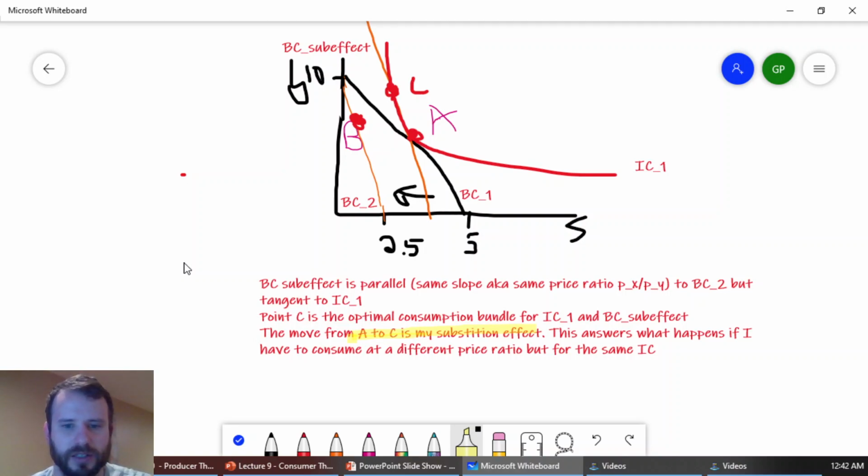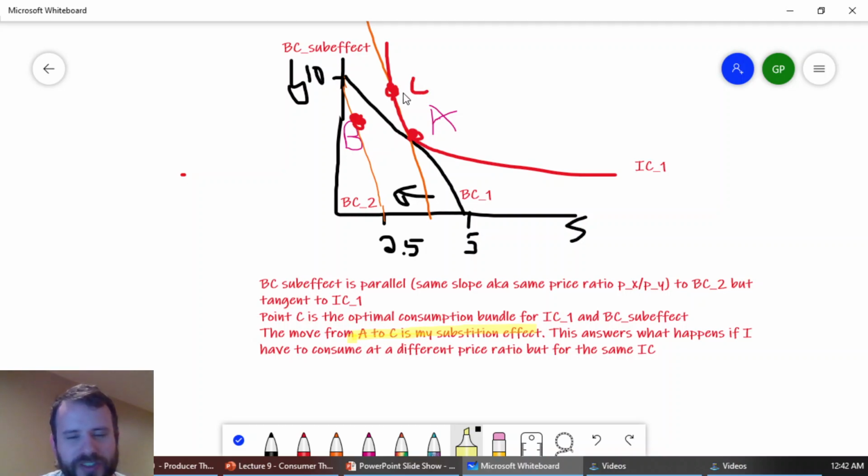All right, so actually, let's stop there before I move into the income effect. So the overall point is, moving from A to C is my substitution effect. Let's not stop, actually. Sorry. I just want to knock these out.